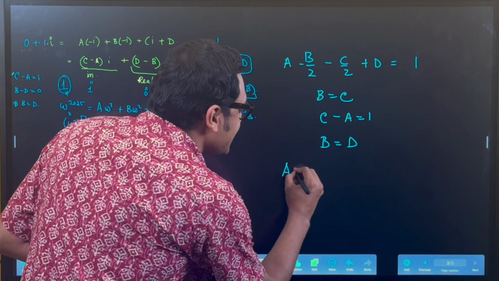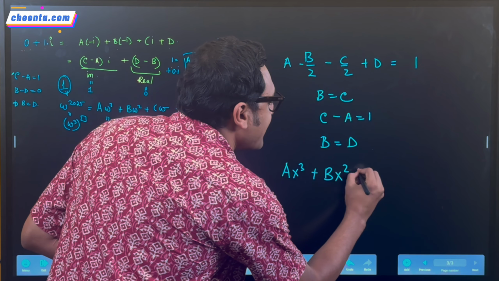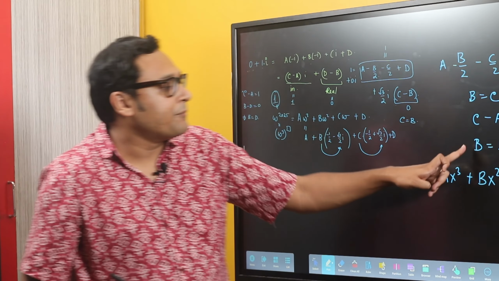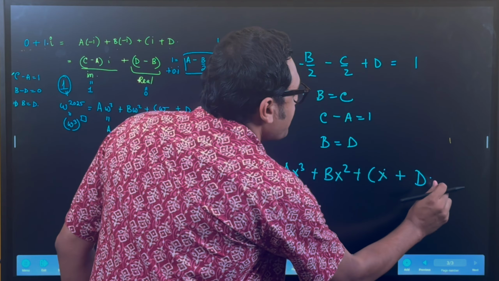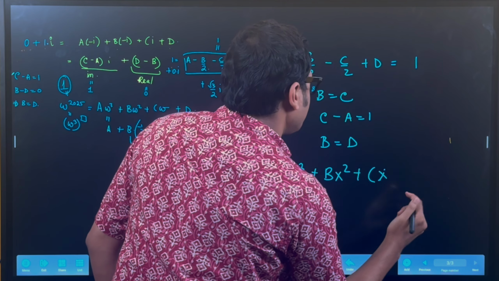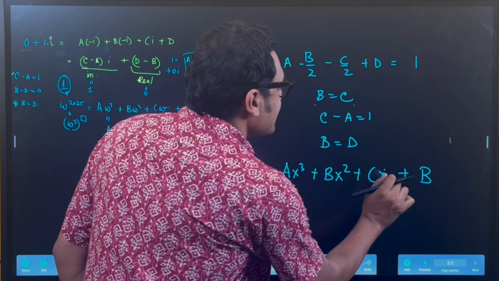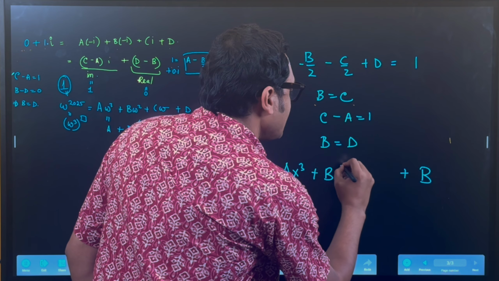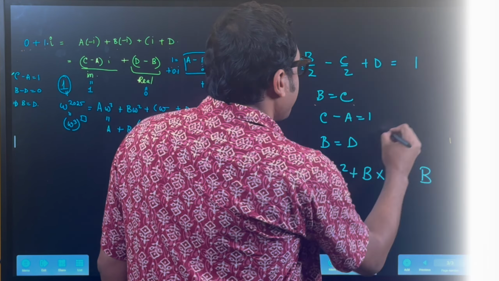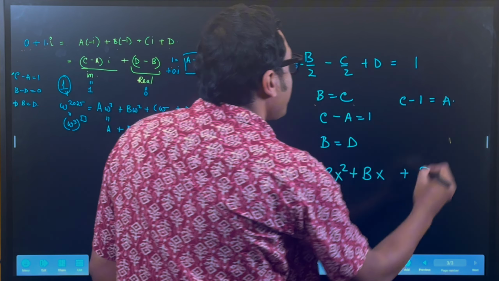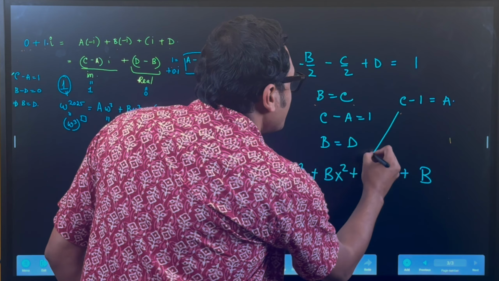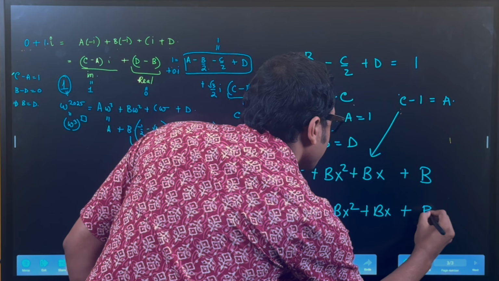And if you solve for A, B, C, D, you will get ax cubed plus bx squared plus cx plus d. So for example, B is equal to D, so you can just replace D by B. B is equal to C, so you can just replace C by B as well. C minus 1 is equal to A, and C is B, so you can replace A by B minus 1. This is your final thing.